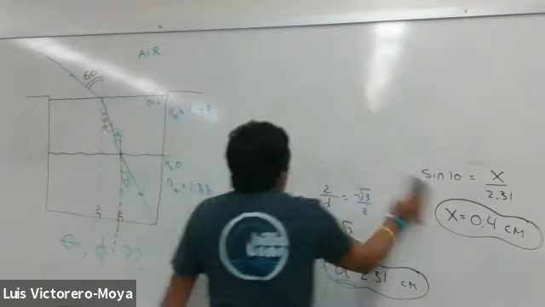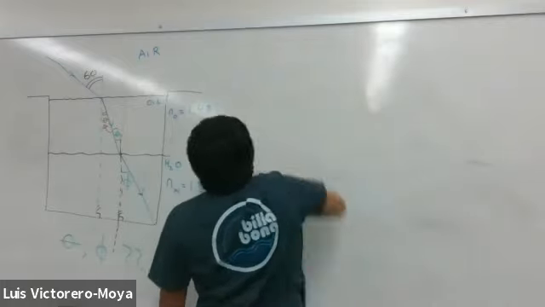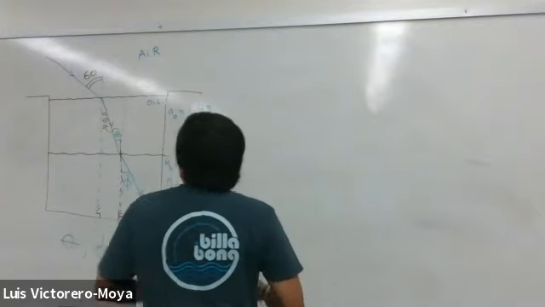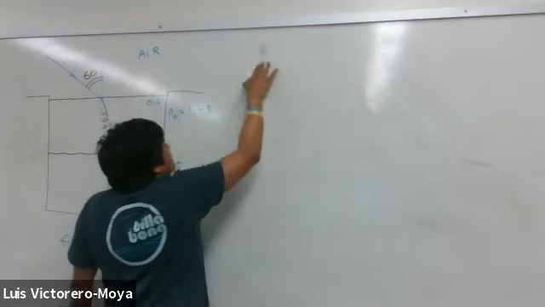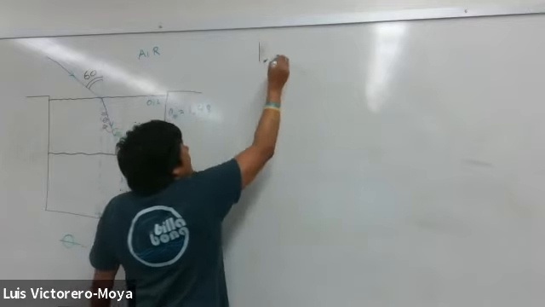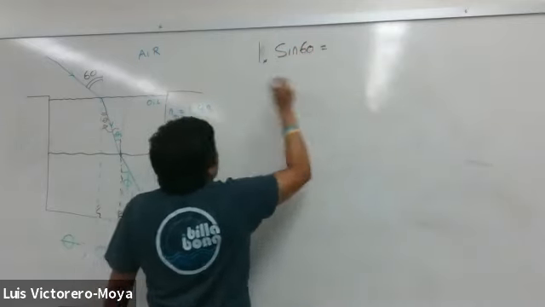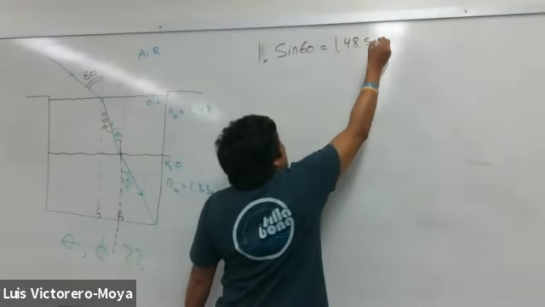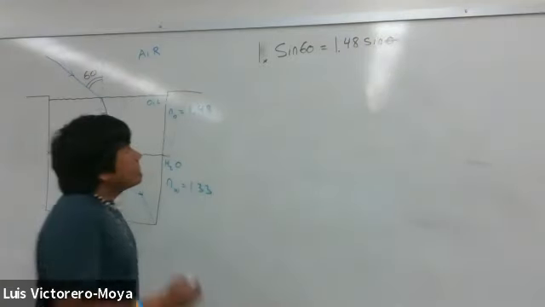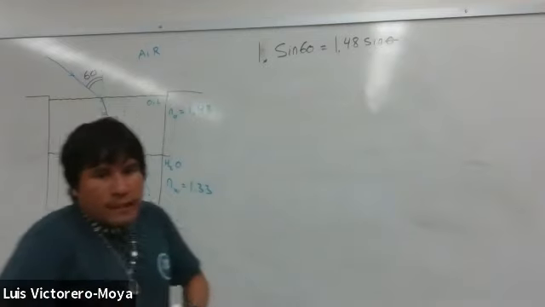So this is a more applicative type of problem. Let's do it here. So 1 times sine of 60 is equal to 1.48 times sine of theta. All right. And then I find theta.